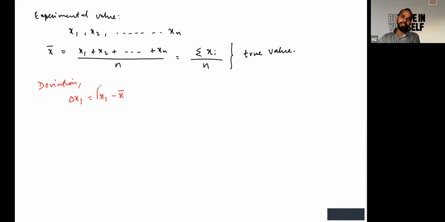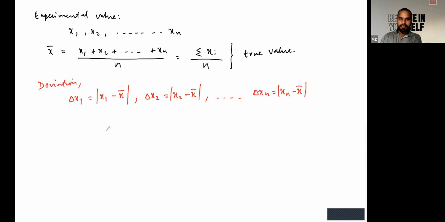So you have to take only positive value. That's why just assign modulus or absolute value. Similarly, delta x2 would be equals to x2 minus x bar mod. And similarly, delta xn is equals to xn minus x bar and mod.